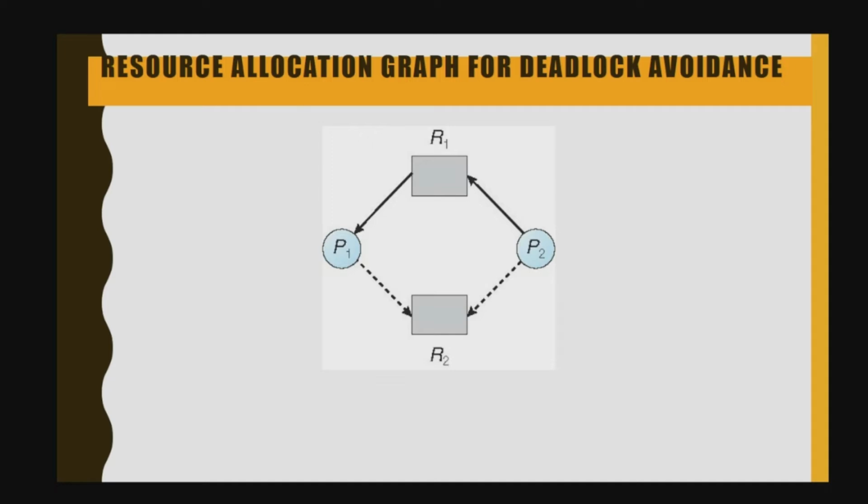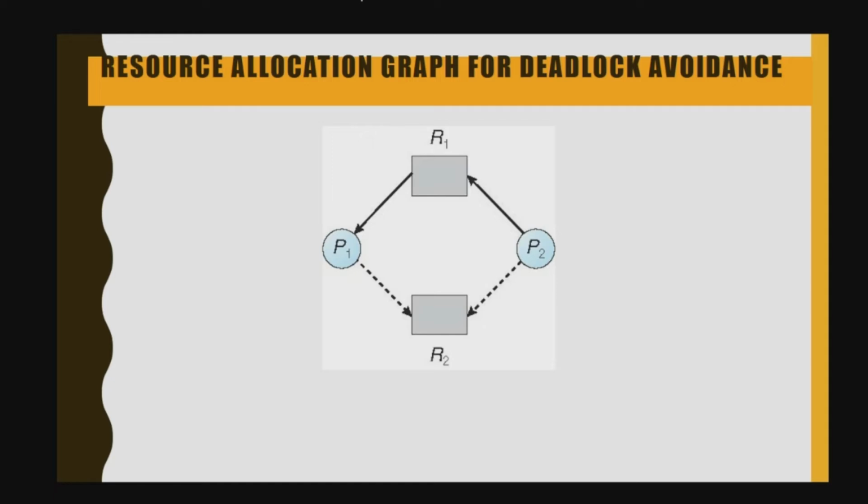Because if we allowed that, a cycle might occur in this graph, and it would indicate that the system is in an unsafe state. Let's see here: P1 requests R1, and P2 requests, P1 requests R2.